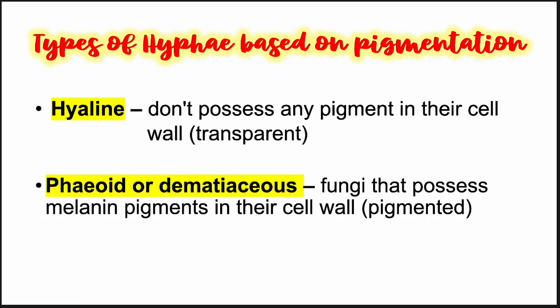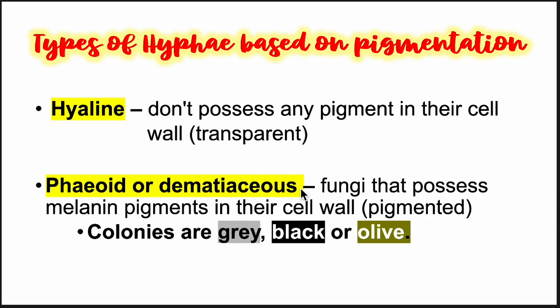But when the hyphae possess melanin pigments in their cell wall, meaning they are pigmented, we call it phaeoid or dematiaceous. Because they have that pigment, their colonies are colored gray, black, or olive.